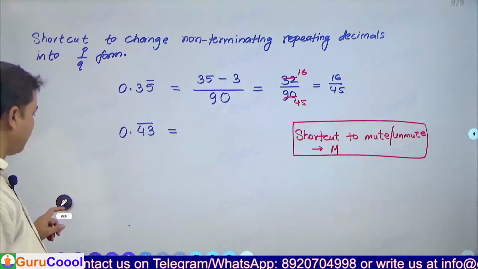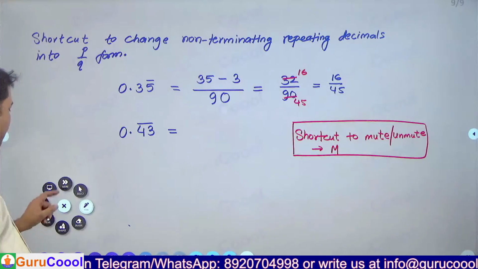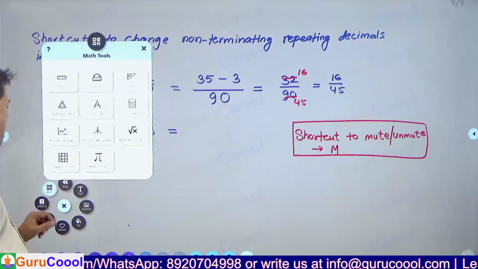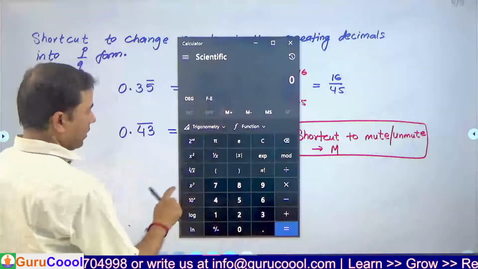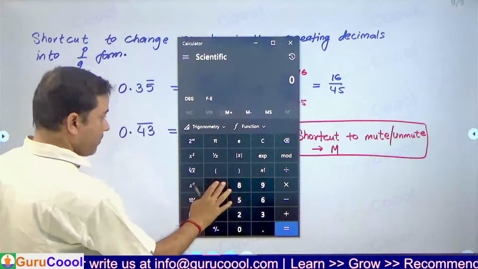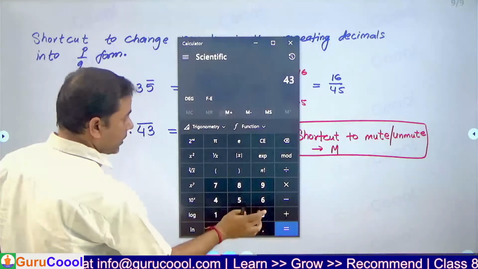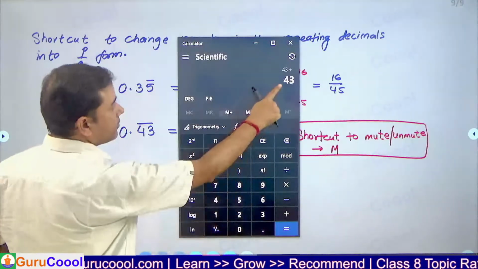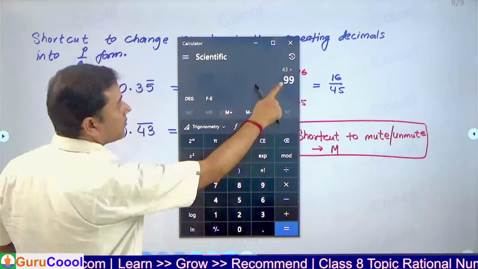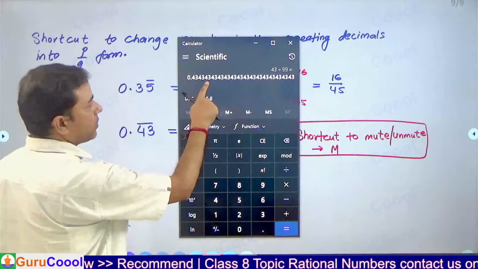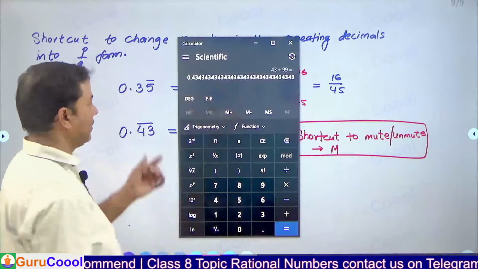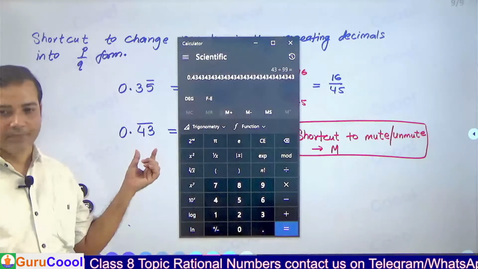Let us check it. 43 divided by 99 equals 0.434343434343. Correct answer. Yes, sir.